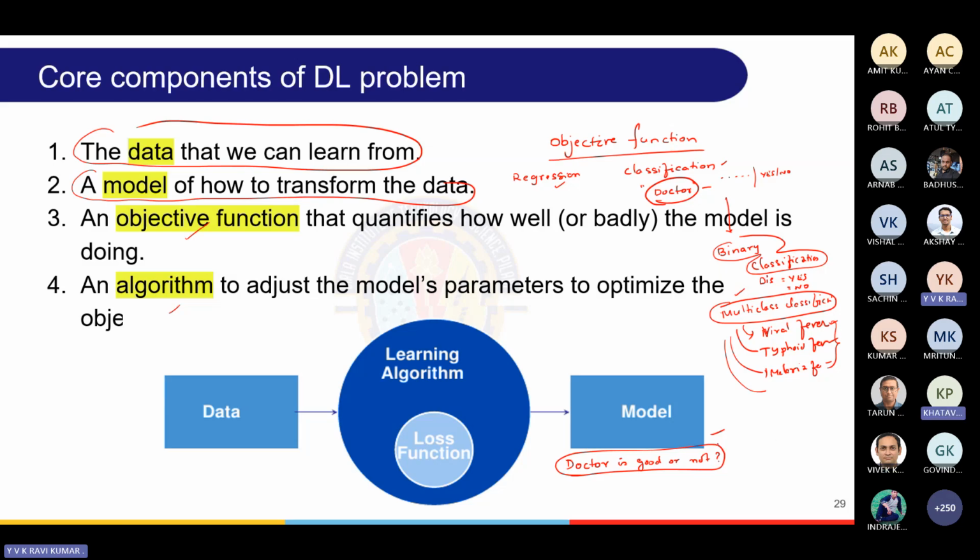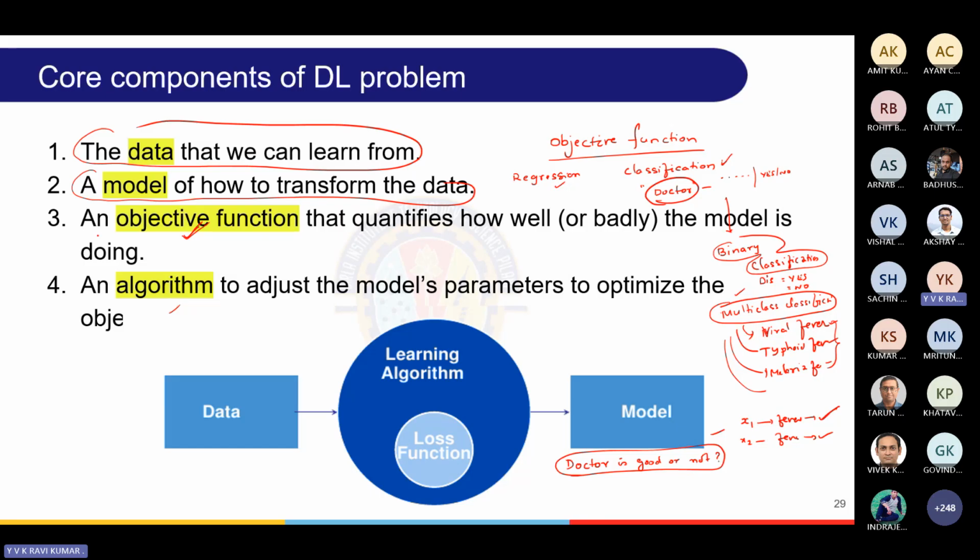We generally tell our neighbors that it's a very good doctor, meaning in the majority of cases he has cured efficiently. Same way for classification or regression, we need to identify the performance of the classifier. That is where the objective function comes in.